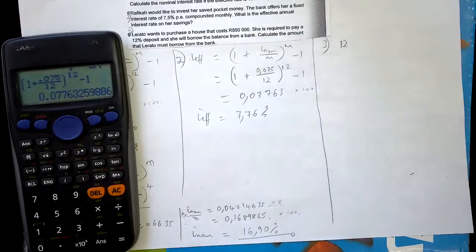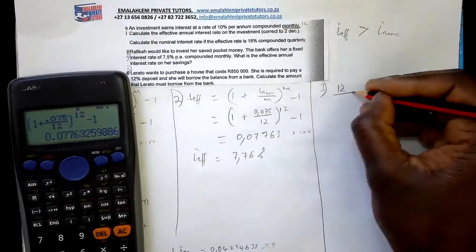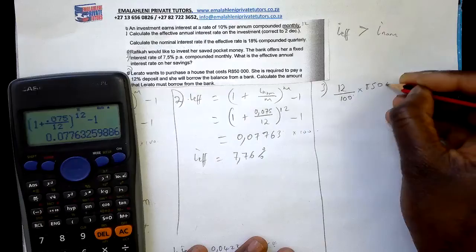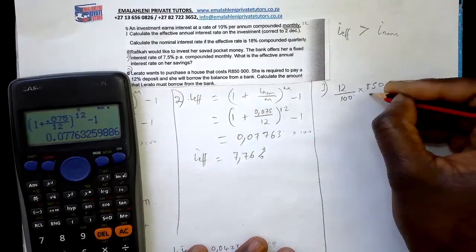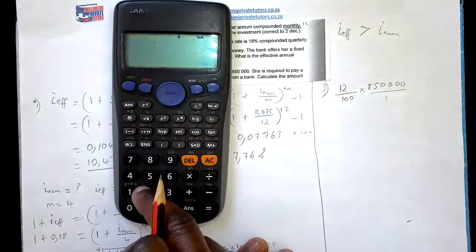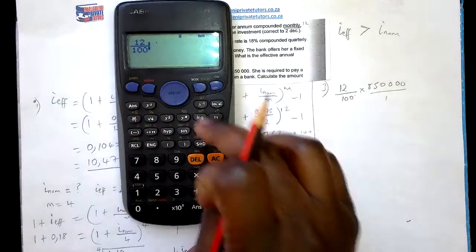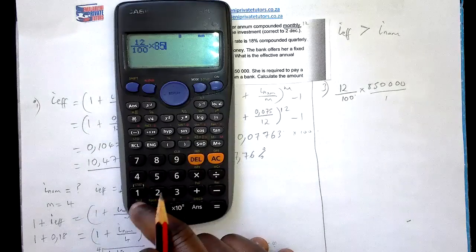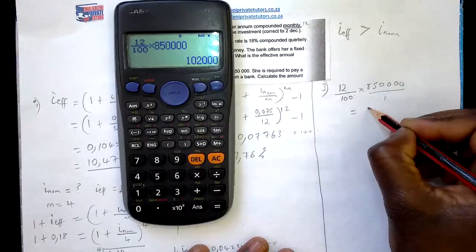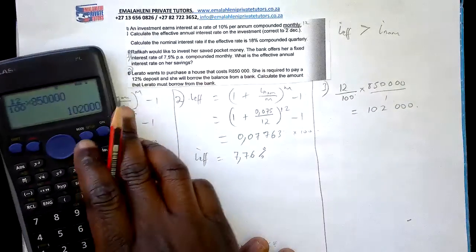So the amount that she's paying is 12, which is 0.12 over 100, times 850,000. What do we get? We get 102,000.